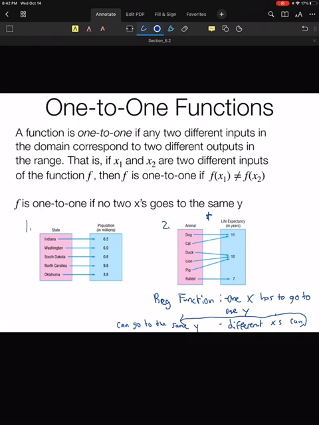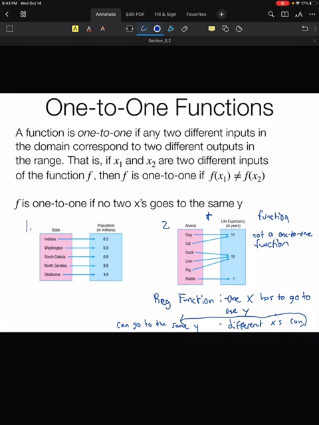This is a function, but it is not a one-to-one function. That's what we're interested in.